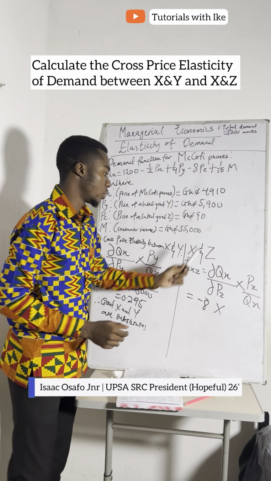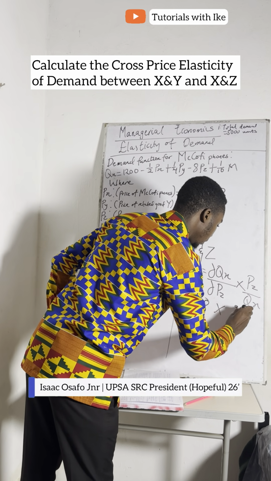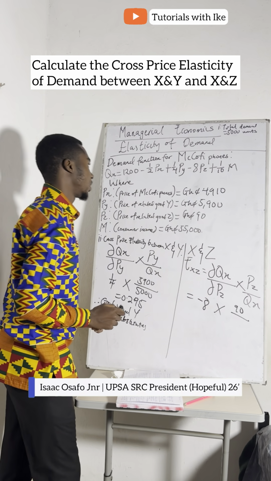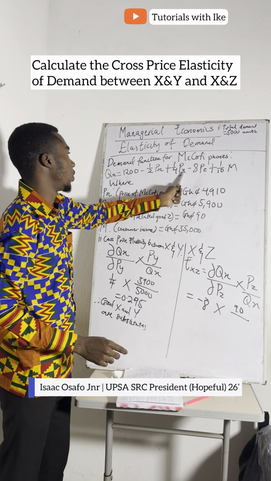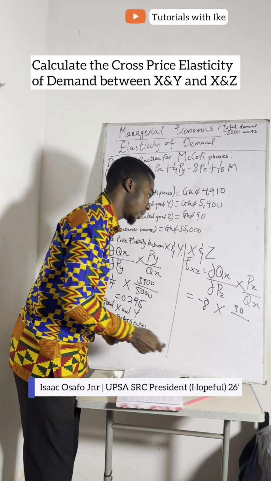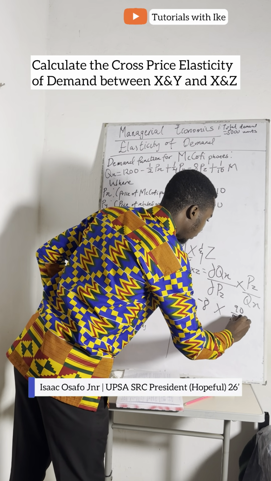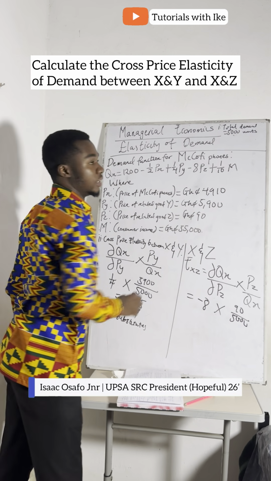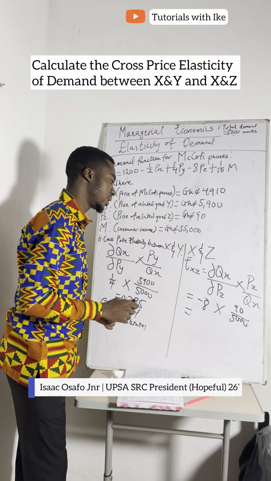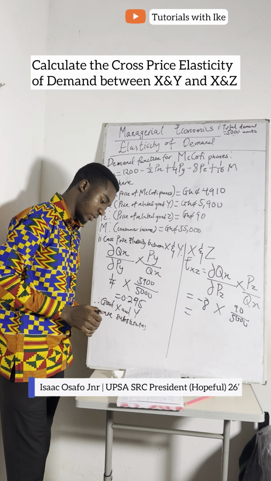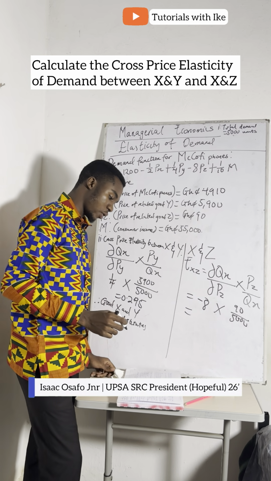PZ was equal to 90. Then over QX. QX is the total demand. Don't forget, when you substitute all the values, you should be getting 5,000. That's what we did in I. Do you get it?